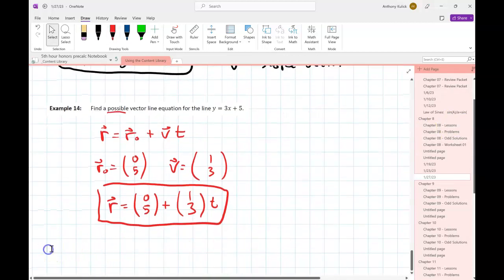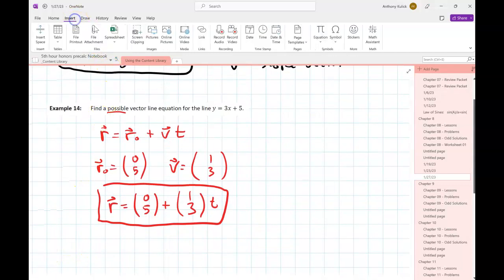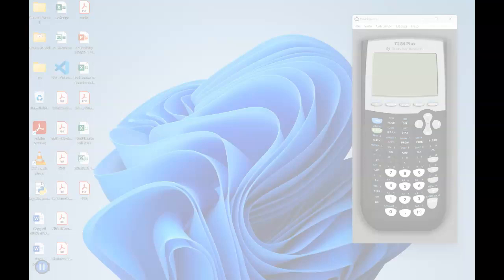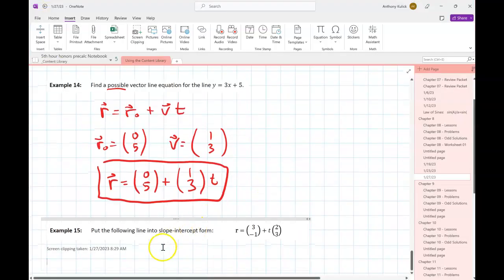What if we wanted to go the other way? What if we wanted to take our vector line equation and write it into, say, slope-intercept form?